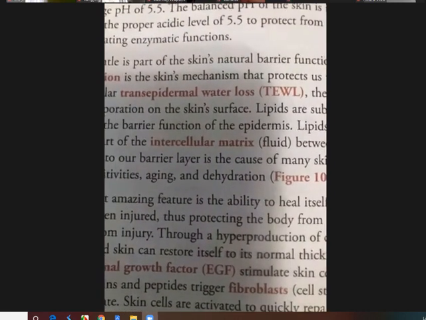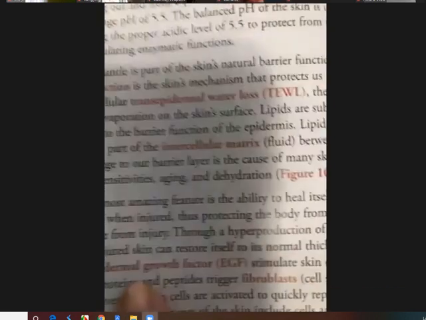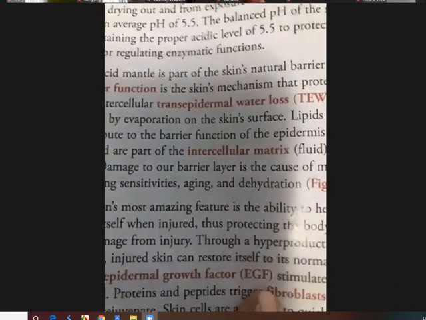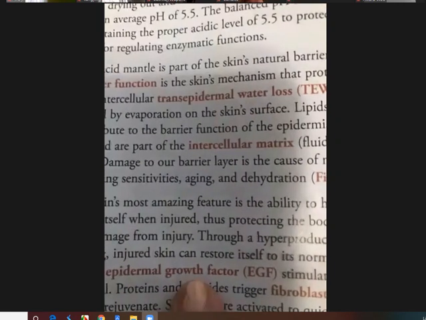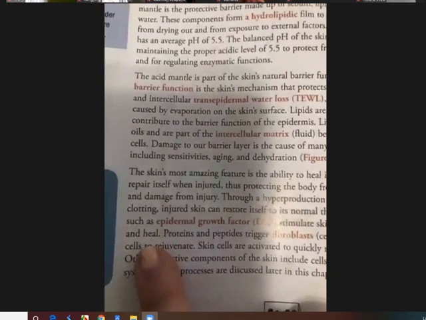Okay, now hormones such as EGF, another word you want to remember is EGF, which is epidermal growth factor. Epidermal growth factor stimulate the skin cells to produce and heal.